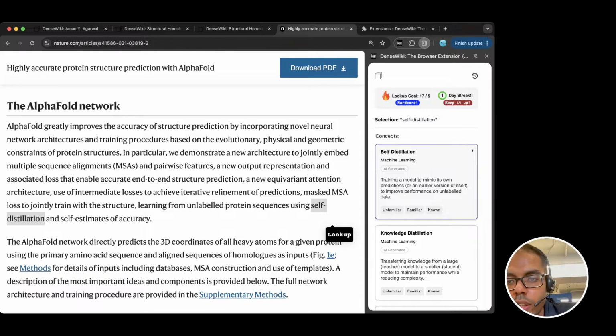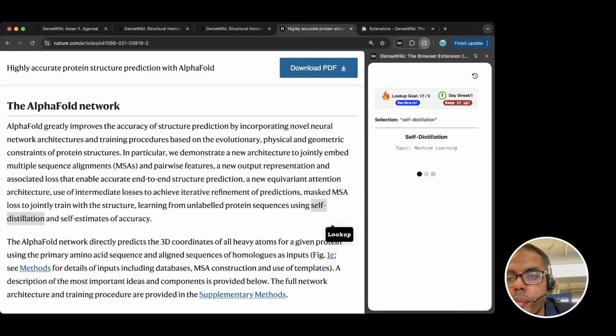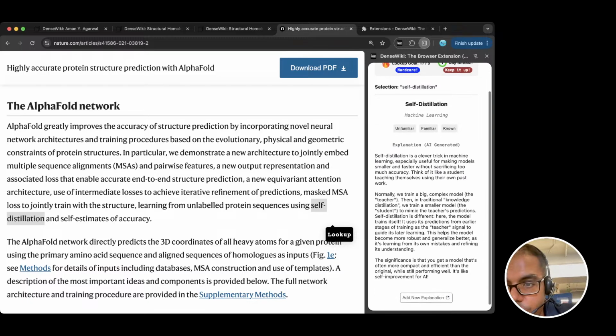Training a model to mimic its own predictions to improve performance on unlabeled data. Knowledge distillation makes models smaller and faster without sacrificing performance. Normally, we train a big complex model, then in traditional knowledge distillation, we train a smaller model to mimic the teacher's predictions.